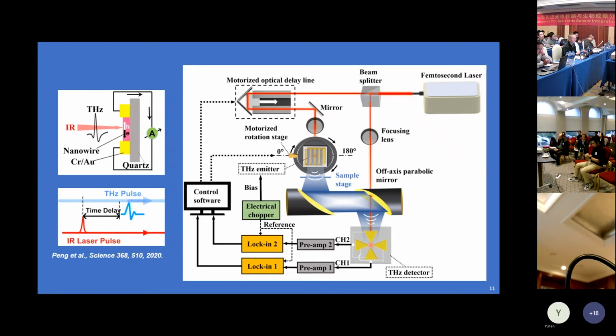Obviously, the intensity of the measured terahertz-induced current is proportional to the strength of the electric field at the detector. By changing the time delay between the terahertz pulse and the optical pulse, we can map out the temporal profile of the pulsed terahertz electric field.